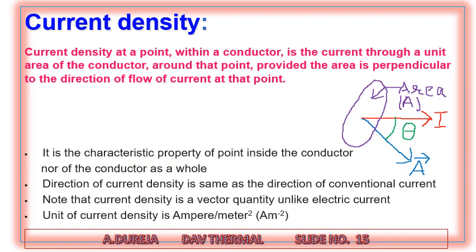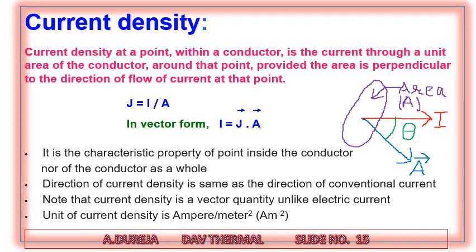Current density. Current density at any point inside a conductor is the amount of charge flowing per second through a unit area held normal to the direction of the flow of charge at that point. Note that it should be normal. If it is not normal, then we have to take the angle between the current and the area vector.